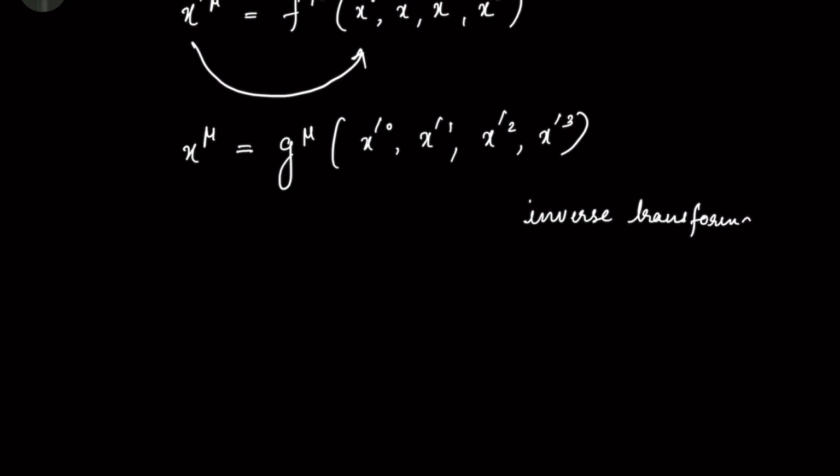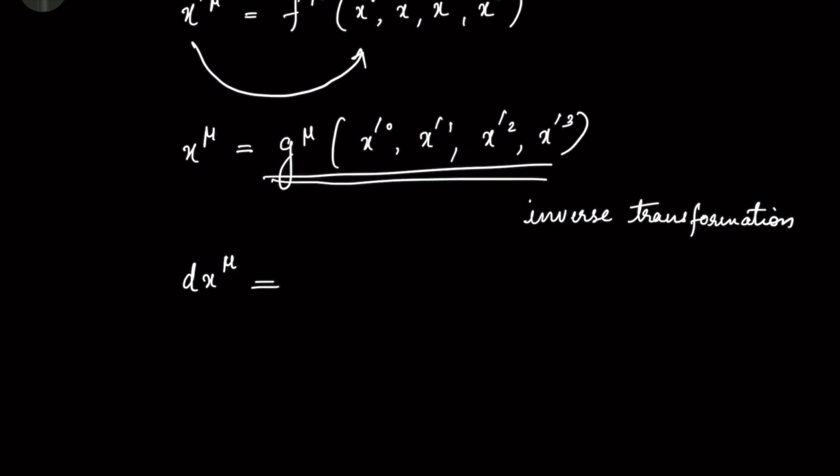Once I have written this transformation and inverse transformation, now I want to find the derivative of x mu. So here I have x mu. Now I want to find the total derivative dx mu. So I have to take the derivative on the right hand side also. See here it is a function of four coordinates, x prime 0, x prime 1, x prime 2 and x prime 3. Therefore I have to take the derivative with respect to all the four coordinates and sum it up, right?